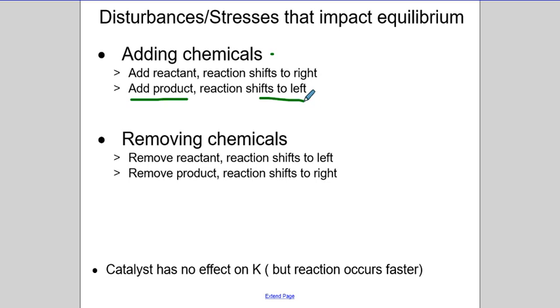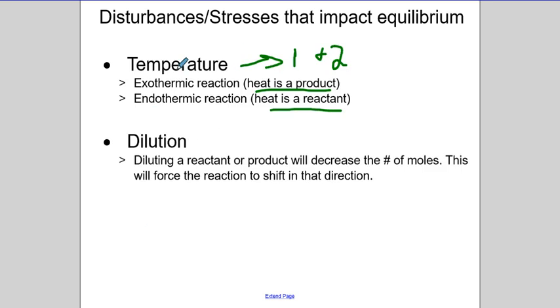We would be adding a reactant and it would shift right. So for temperature, you just treat heat as a product or reactant depending on if it's exothermic or endothermic. Increasing or decreasing the temperature is the same thing as adding or removing a chemical. If it's a product, we treat it like adding or removing a product. If heat is a reactant, we treat it like adding or removing a reactant.